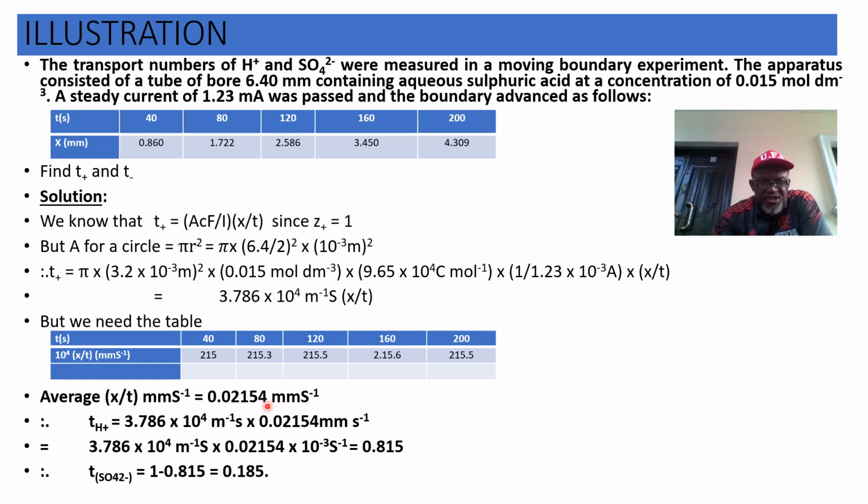We'll now change to millimeter per second and we'll substitute. Once we get the transport number of the hydrogen ion, which is this, we now do 1 minus this to give us the transport number of the sulfate ion.